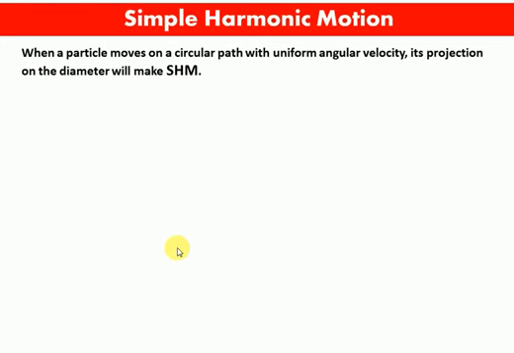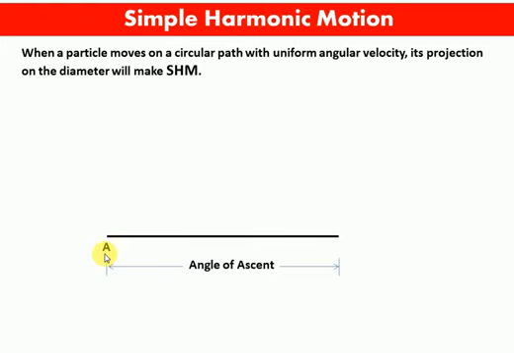First of all we'll take any point A, then we'll draw a horizontal line in the same way as we have done with the uniform velocity. This horizontal line represents the angle of ascent. Then from point A we'll draw a vertical line AU. This AU represents the maximum follower lift.